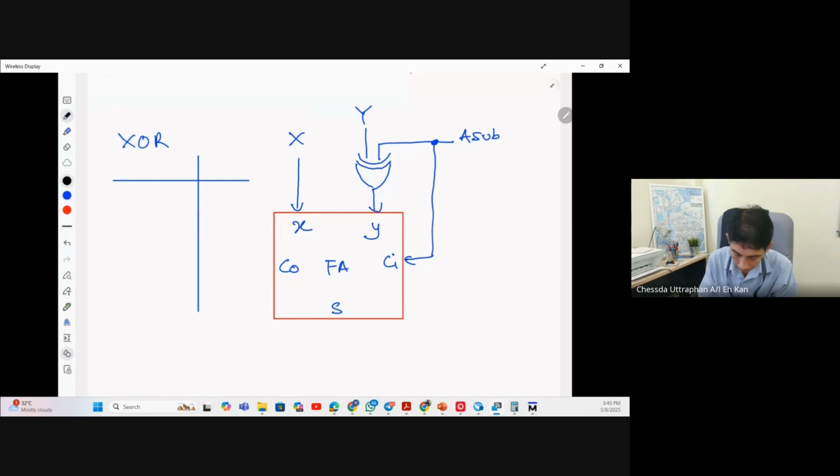This is add-sub, the input to this XOR gate. We have one input that is add-sub, one that is Y. So we have Y here. And let's call this output here small y.